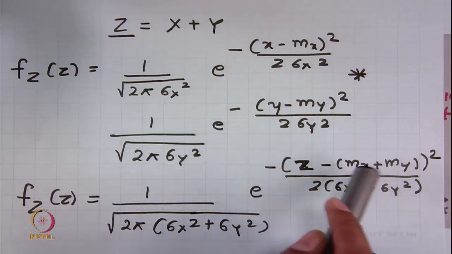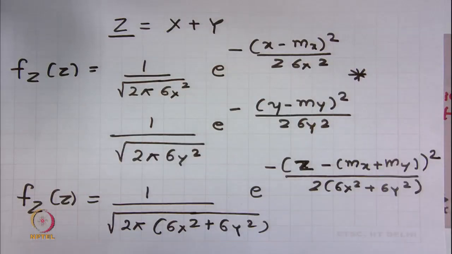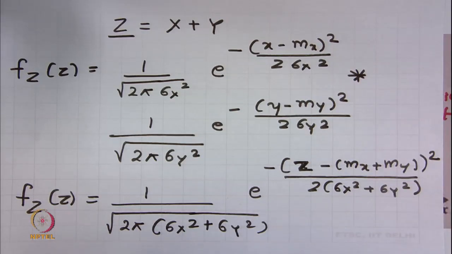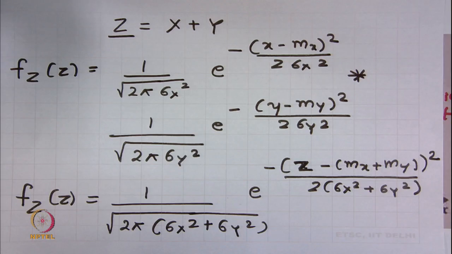The mean has changed to mx plus my. The means of these two random variables have added, and the variance is sigma x square plus sigma y square, where the variance of x is this and the variance of y is this. So, the means have added, and as expected the variances have also added, and the random variable remained Gaussian, and this is a very central result in a digital communication course.